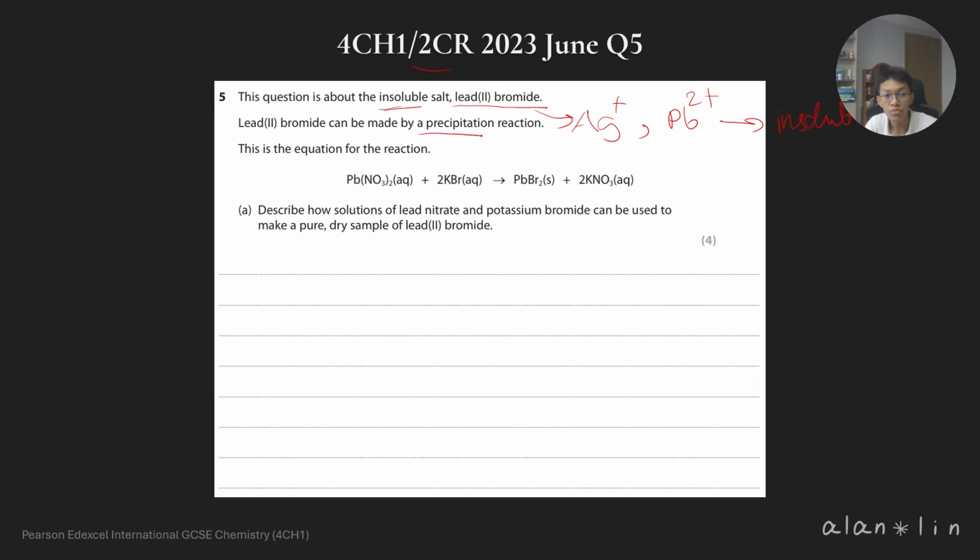And we are going to be using a precipitation reaction to make the salt. The question asks how we can use lead nitrate and potassium bromide to make a pure dry sample of lead(II) bromide. Now, in this question, guys, what is the starting point? The starting point is going to be our reactants, our two soluble solutions.